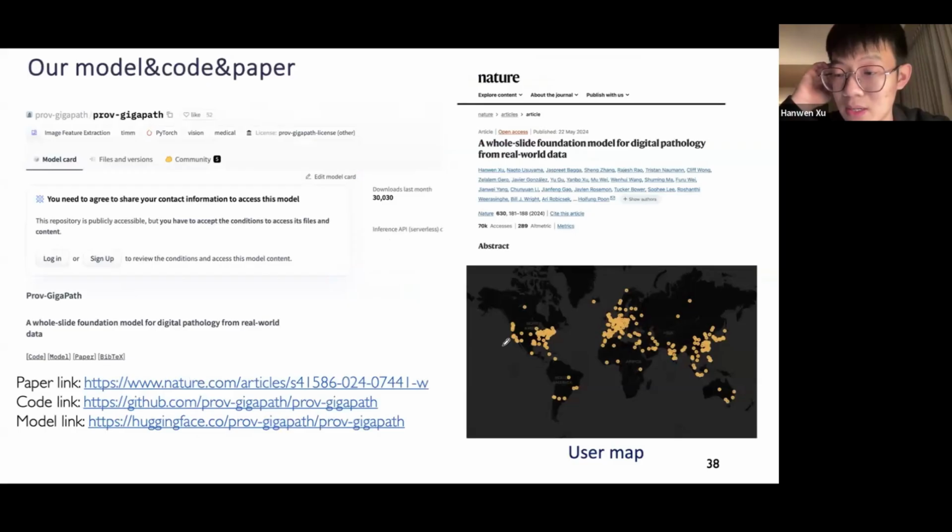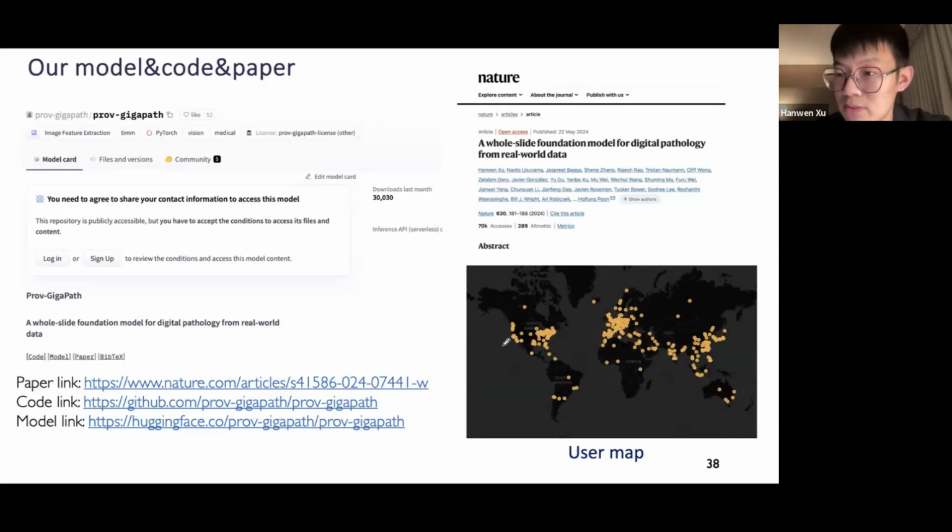So here's the link to our model and our paper, and we are very excited that this work can be published in Nature. But we also hope to emphasize that this is just maybe a very baby step for us in this whole journey. We only started from the pathology modalities, and we are also very excited for the follow-up work to replicate to other image modalities and potentially have patient-level representation models.